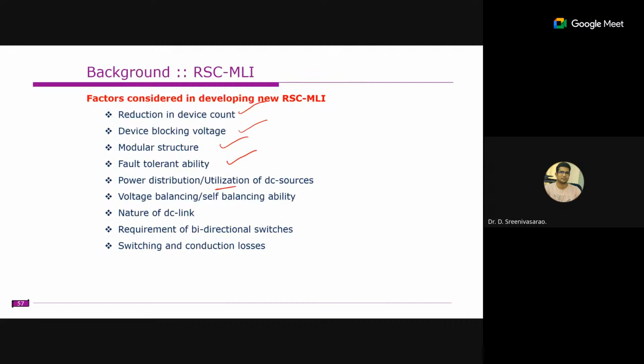That is known as equal power distribution, or in other words, equal utilization of DC sources or batteries, and voltage balancing, the nature of the DC link, the requirement of bidirectional switches, and reducing the switching and conduction losses. These are the objectives that motivate researchers to develop newer reduced switch count multilevel inverter topologies.